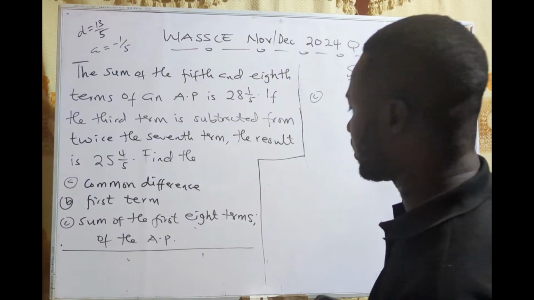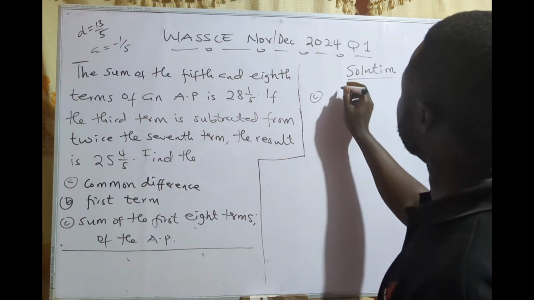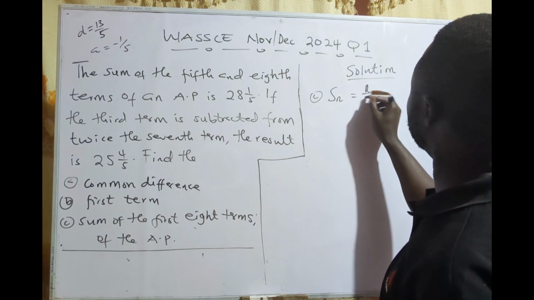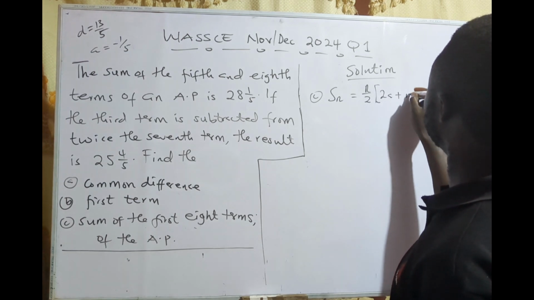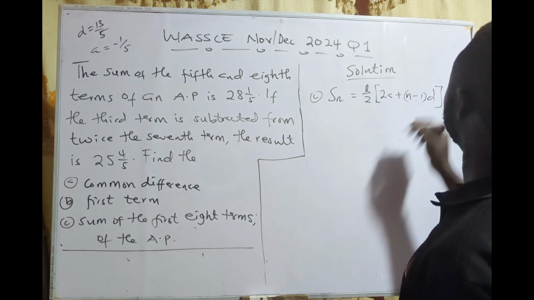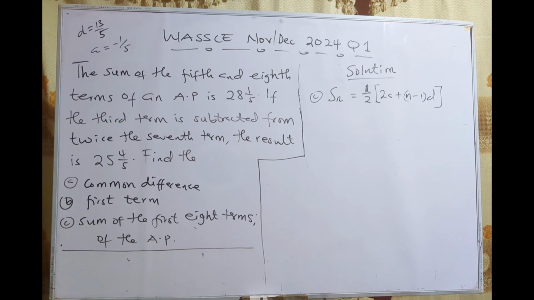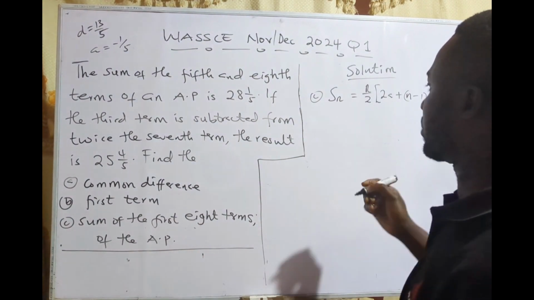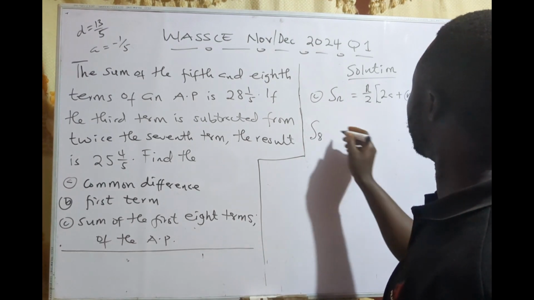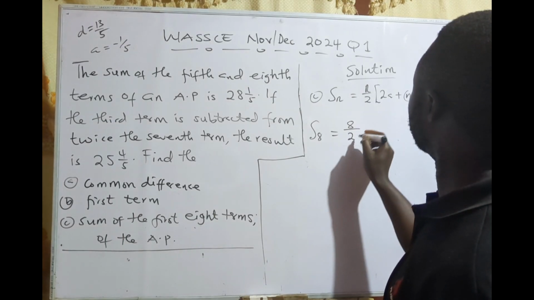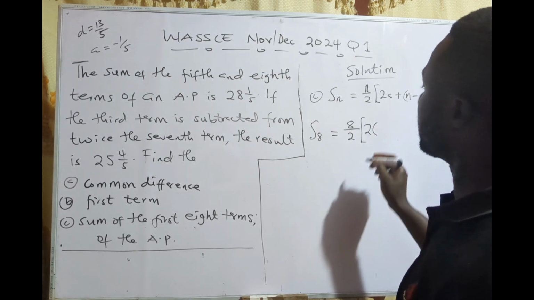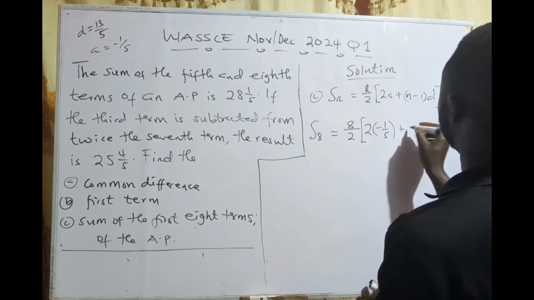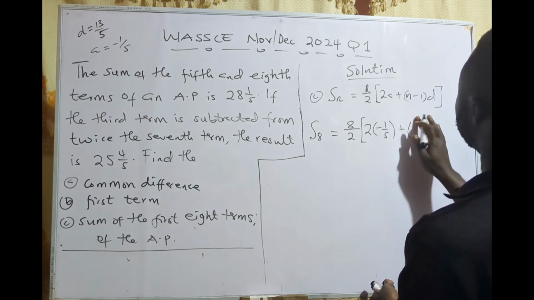This is the sum of the first 8 terms. The sum of an AP is given as n on 2 times 2a plus n minus 1, all multiplied by d. He's talking about the sum of the first 8 terms. So 8 on 2, and 2 times the a, which is minus 1 on 5, plus n minus 1.